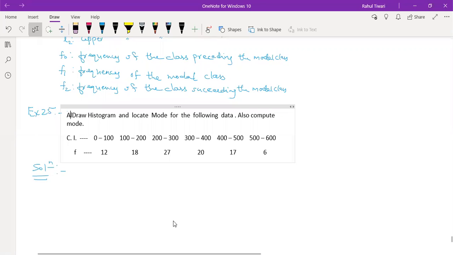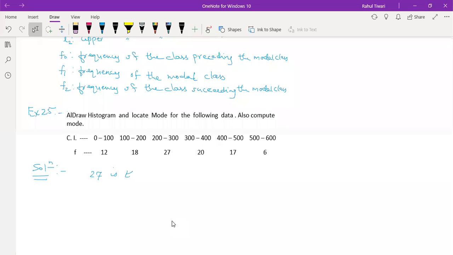So first you need to search for the modal class. Can you see here 27 is the highest frequency. Therefore, the modal class is 200 to 300.